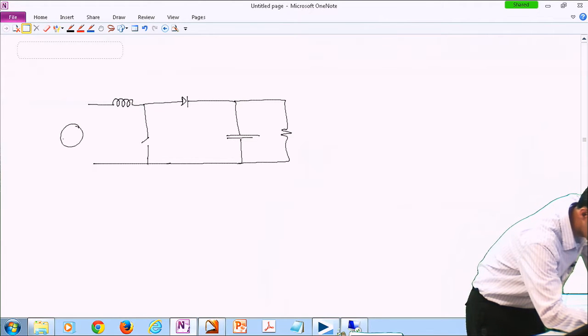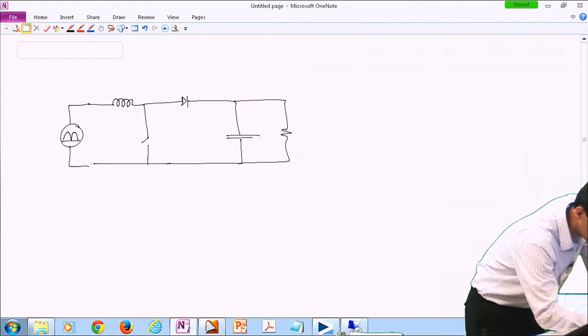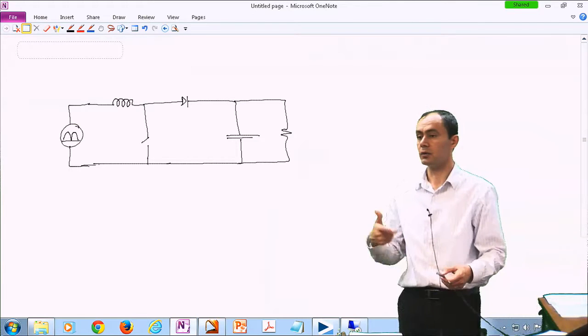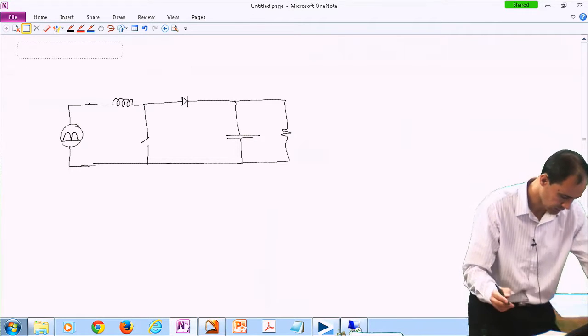And I'm just drawing this as a source, which is the output of my diode bridge, which is a rectified AC signal.